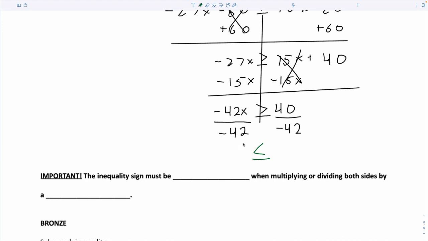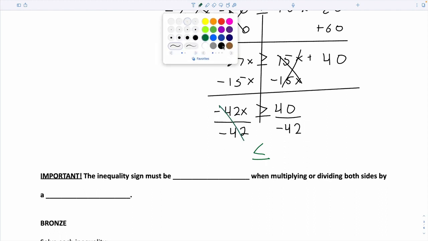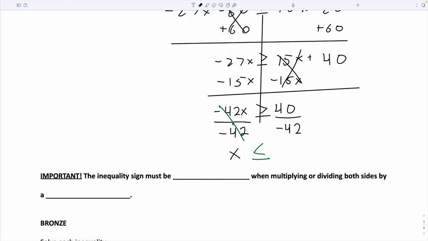When you divide by a negative, it essentially breaks your inequality, and you need to reverse it to make it work again. So dividing or multiplying by a negative, you flip the inequality. X is left over, and you get negative 40 over 42. Could you simplify that? 20 over 21.